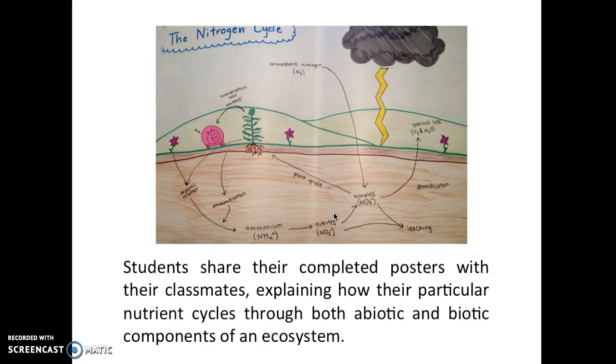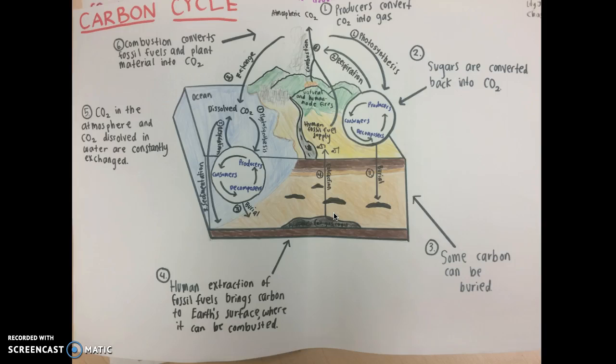So let's see, other examples of student work. Here's a depiction of the carbon cycle, a really nice one. Again, students used a model for this one, but they gave it their own interpretation and their own custom look. They were going off of a model they found on the internet. You've got human extraction of fossil fuels bringing carbon to the Earth's surface where it can be combusted.